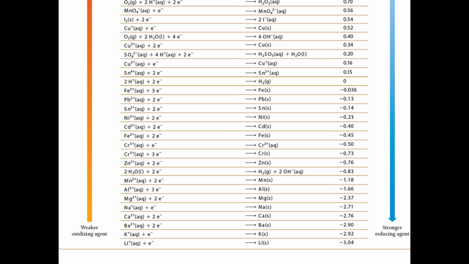So we're going to compare the two half reaction potentials and come up with the overall potential for the cell, the standard cell potential. We have the standard potential for the cathode, where reduction occurs, and the standard potential for the anode, where oxidation occurs, and cathode minus anode will give us the standard cell potential.